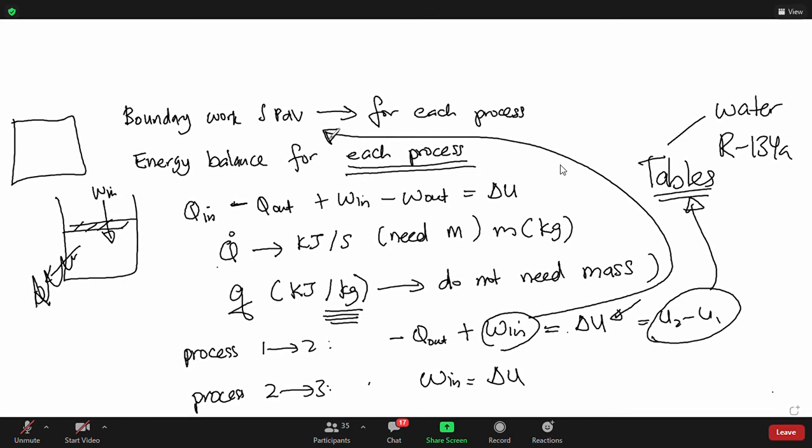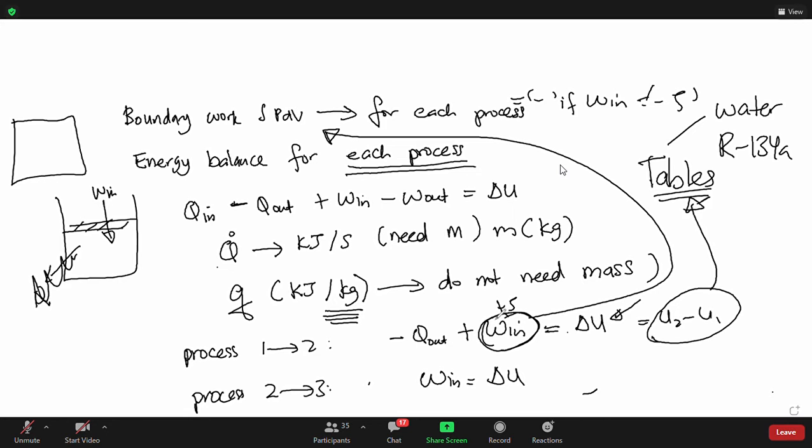If it's work in, here you will get a negative value because the V has reduced. But when you put it in here, this is work in, so you get negative 5, and what you put in here is 5 because you're adding the work in.